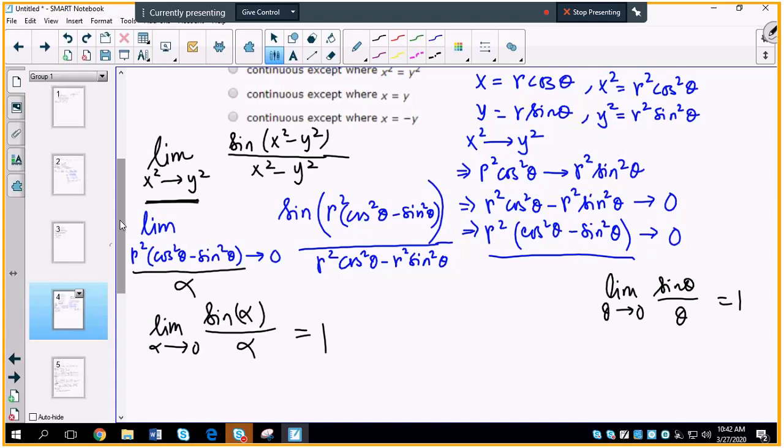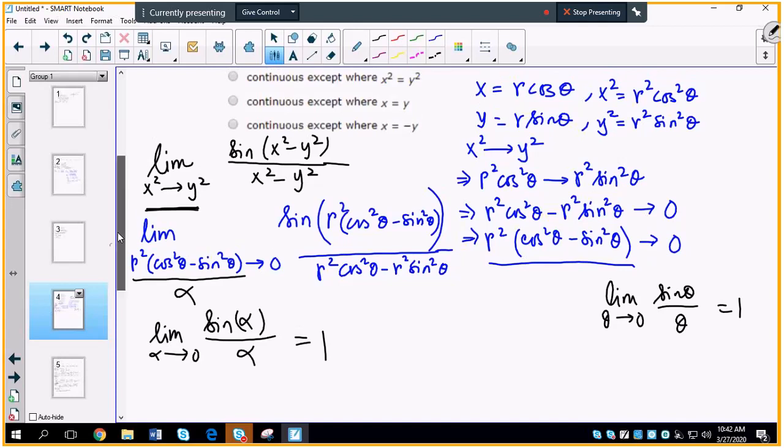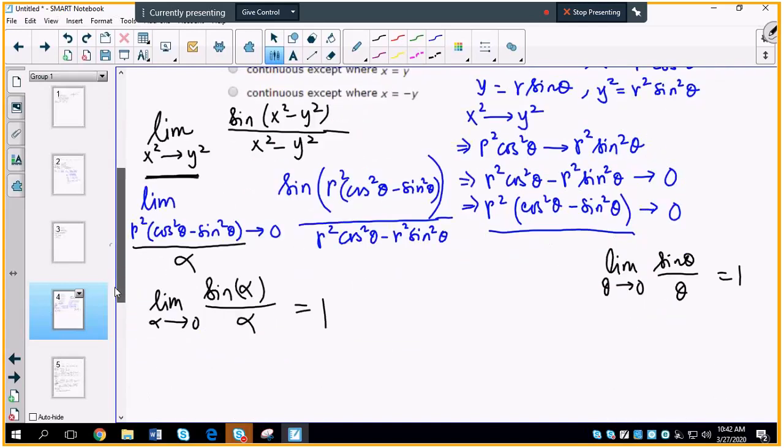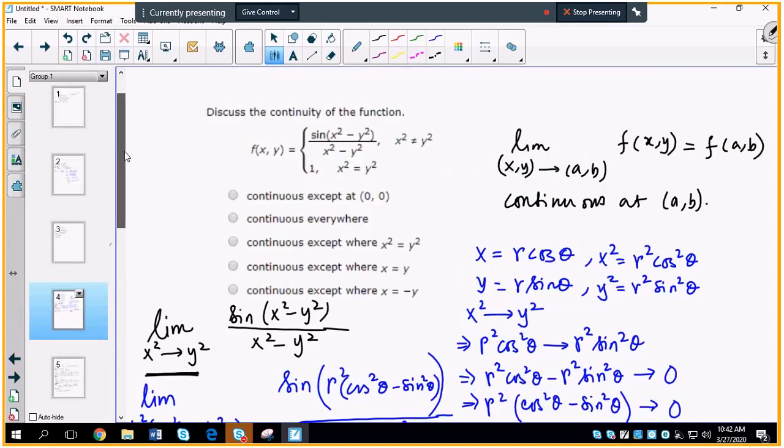Now recall that the piecewise defined function also said when they are exactly equal to each other, f of xy is equal to 1. What does that say? It says that if x squared and y squared are not equal to each other, then I know the function is continuous, a very well behaved function, because the bottom is just not equal to 0.